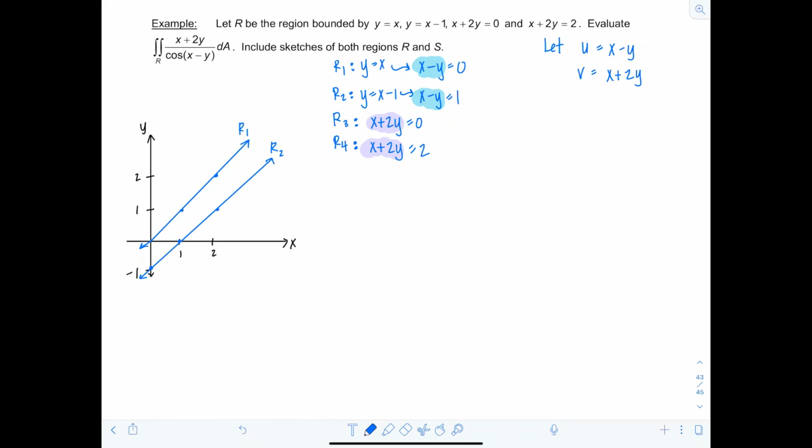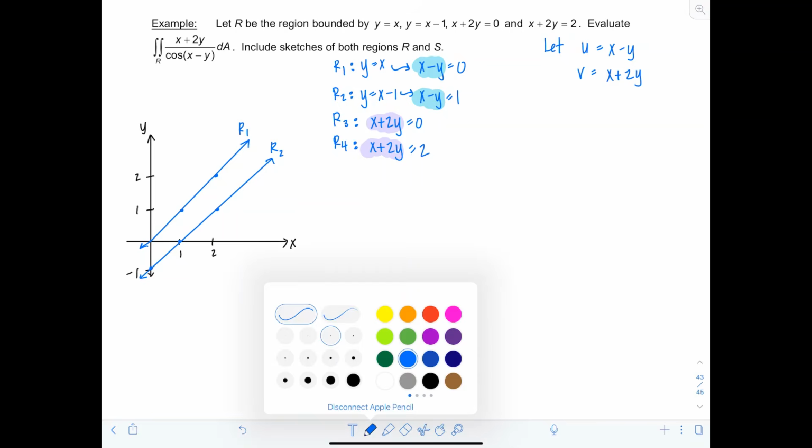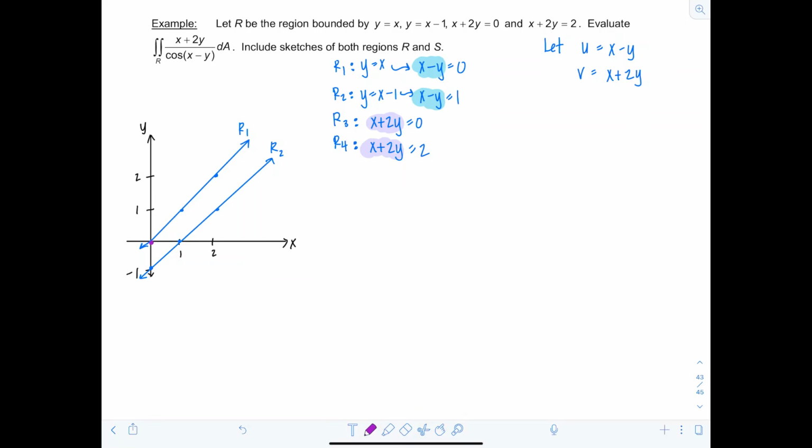The slope is -1/2, and it goes through the origin. So -1/2 is the slope. This is R3. All right. And then R4 is parallel. It's just been shifted 1 unit up as well, right? Same slope.